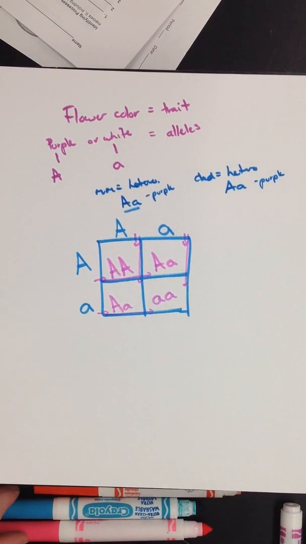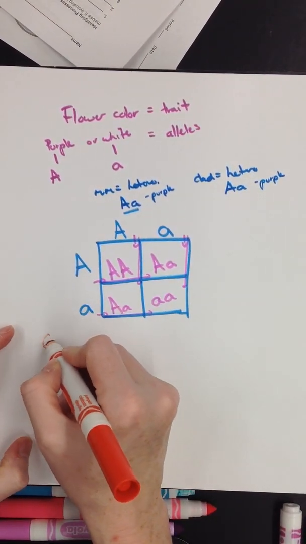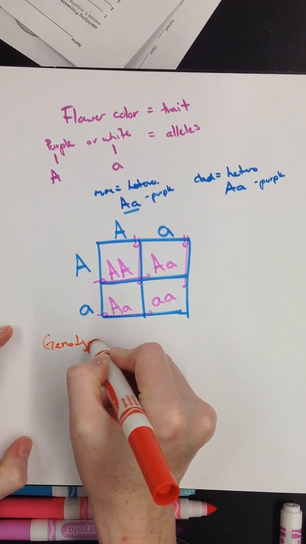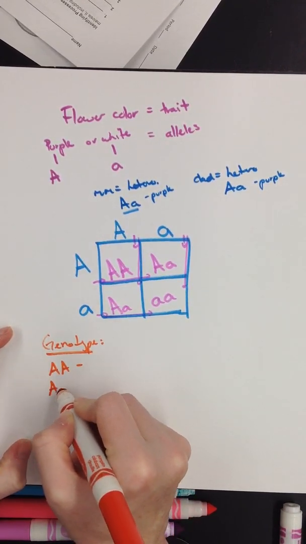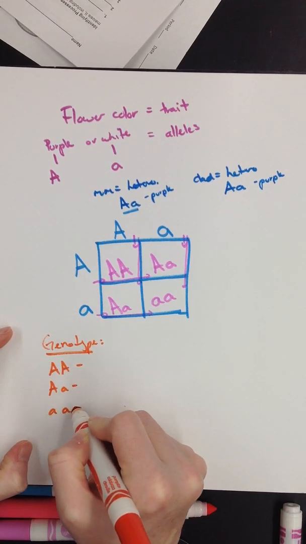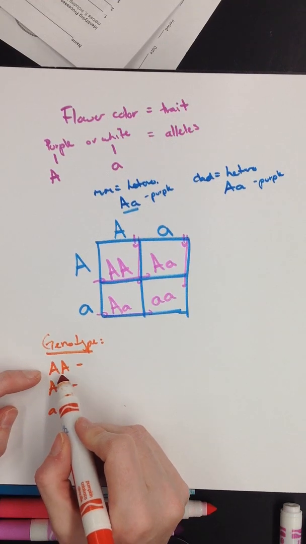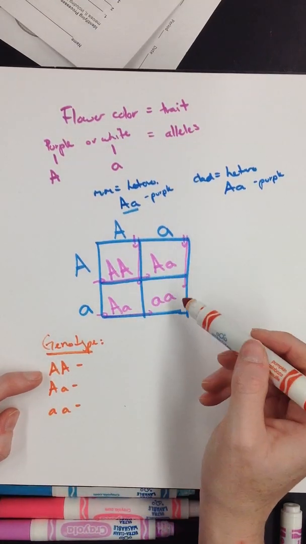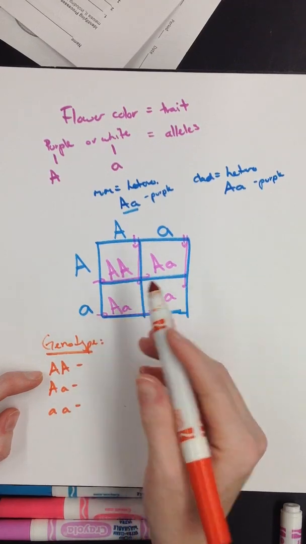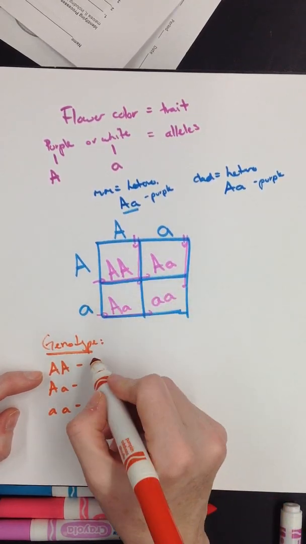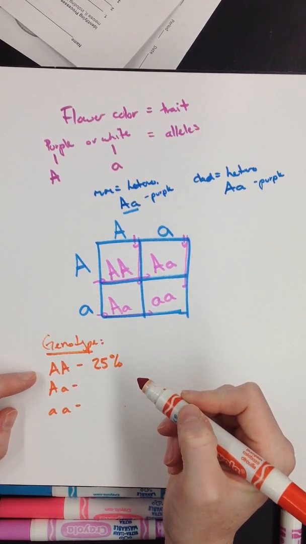So now we can start predicting what the offspring will look like. Let's do genotype first. Remember, genotypes can either be homozygous dominant, heterozygous, or homozygous recessive. So let's count. How many boxes have the homozygous dominant genotype? You just have to look. Nope, nope, nope, that one does. So out of 4 boxes, think about quarters, right? 25% will have the homozygous dominant genotype.